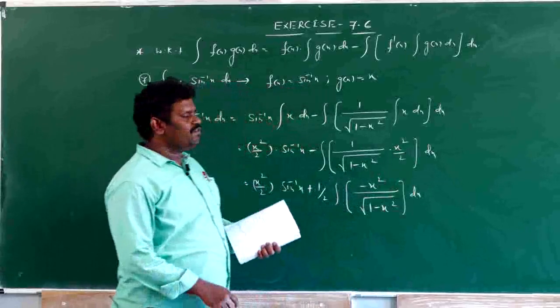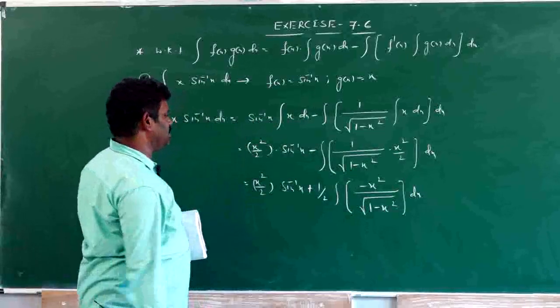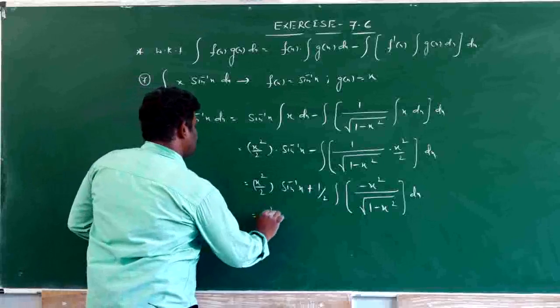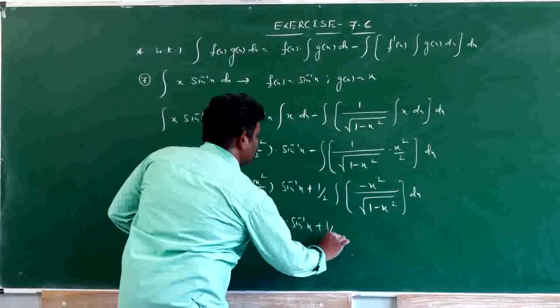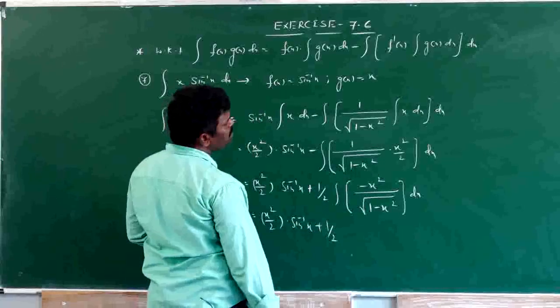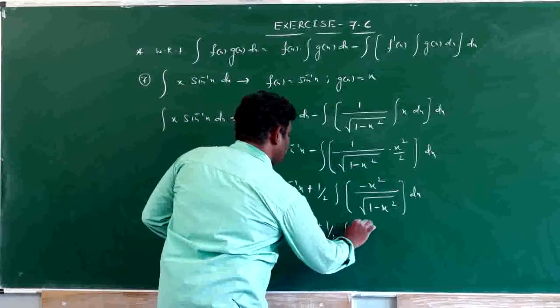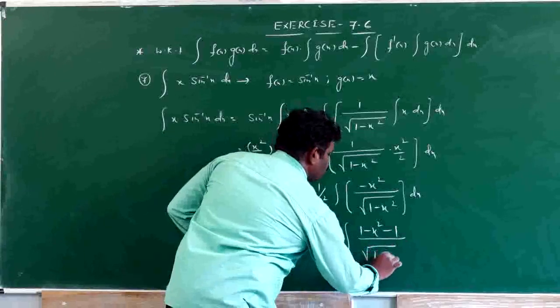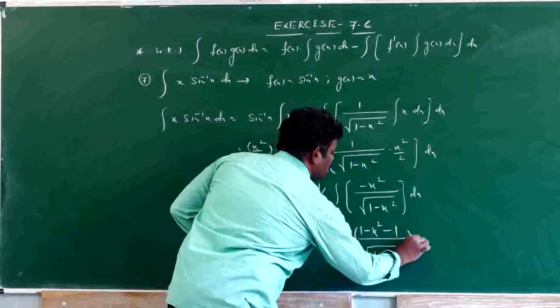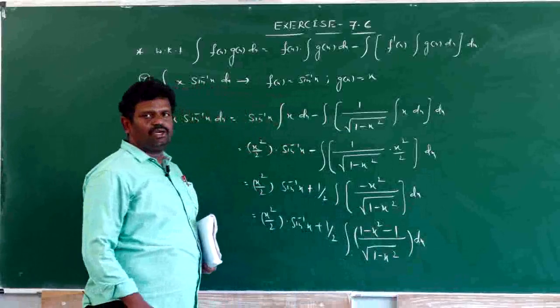Now if we add plus 1 and subtract 1, then we get x square by 2 into sine inverse x plus 1 by 2 integral of 1 minus x square minus 1 by square root of 1 minus x square into dx.